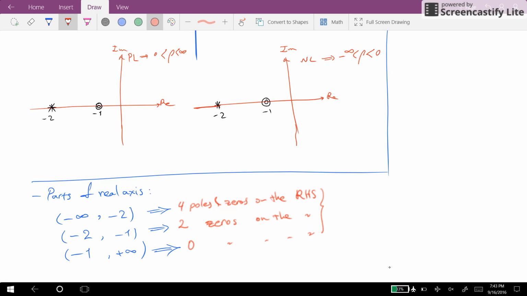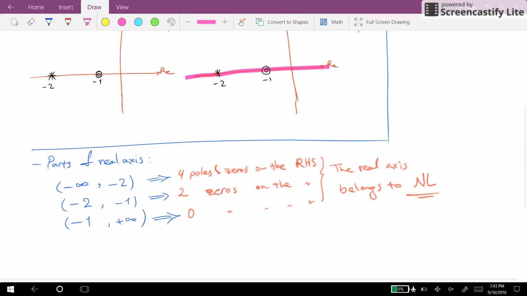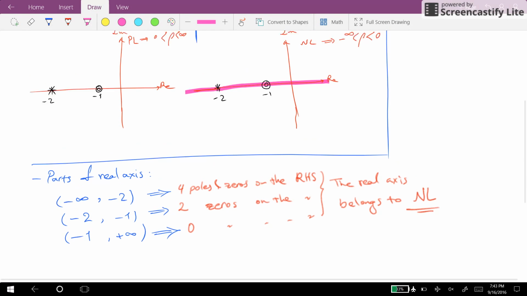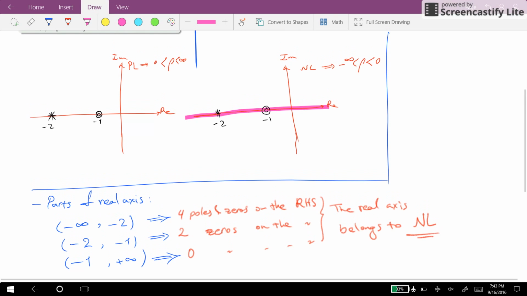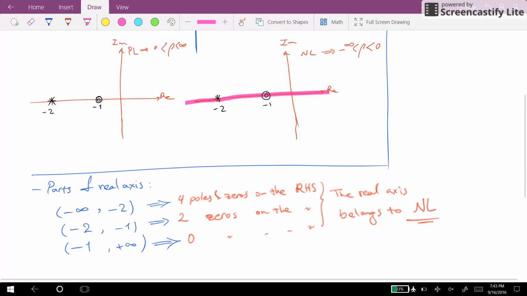In all cases, the real axis belongs to the negative locus. And I can show it here by highlighting the real axis. So none of the real axis belongs to the positive locus except between -2 and -1, because we will start from -2 and we will end up in -1.